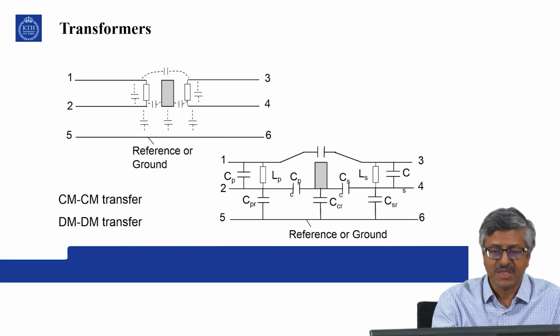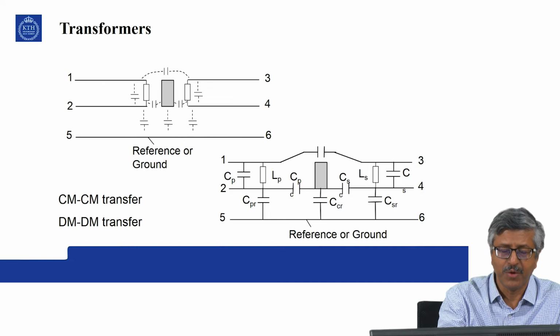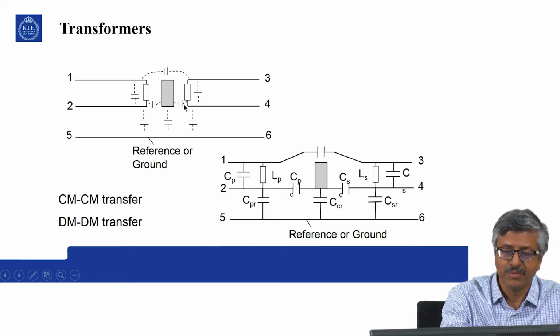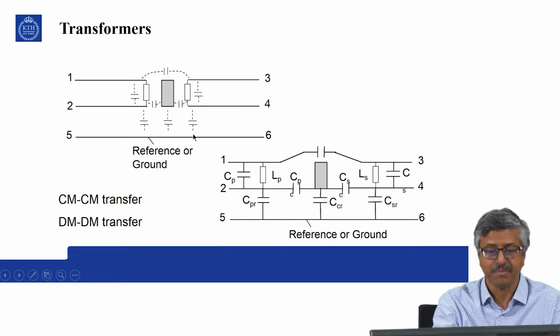So transformers are 6 terminal devices, and you have several parasitic elements between primary and secondary, across the primary, across the secondary, primary to the core, secondary to the core, core to reference, primary to reference, secondary to reference, etc.